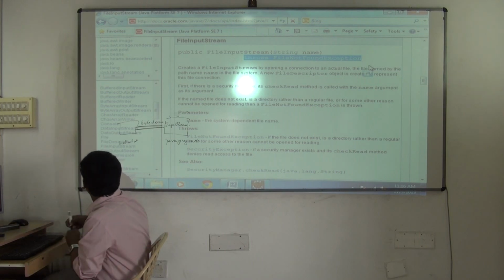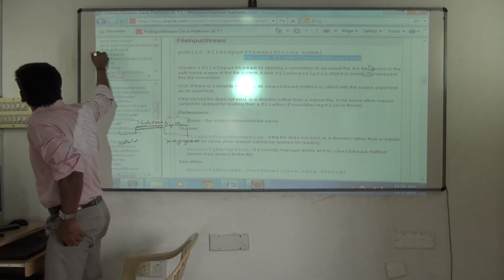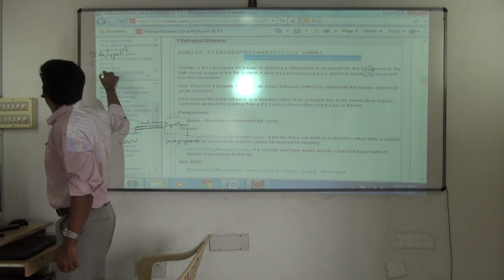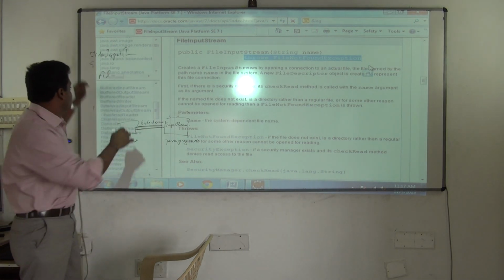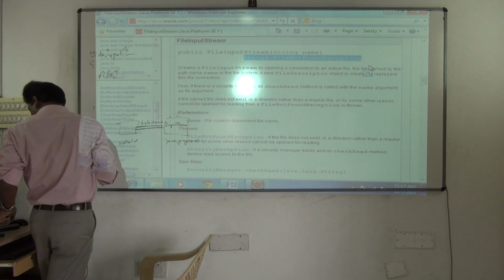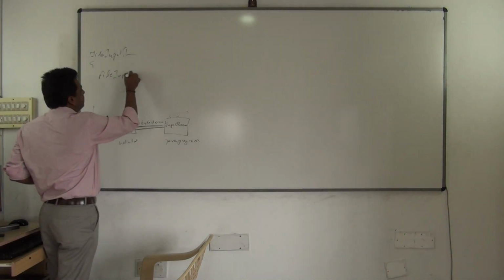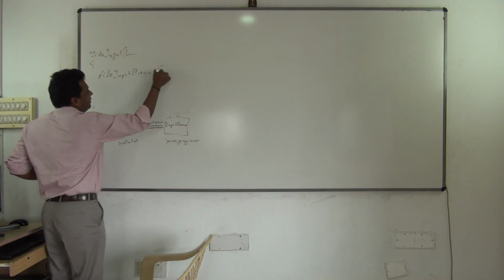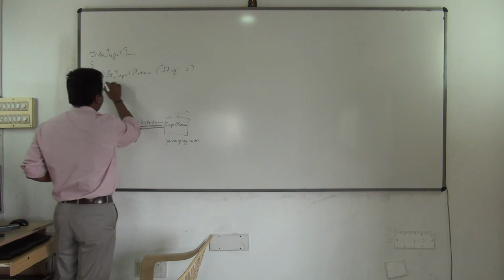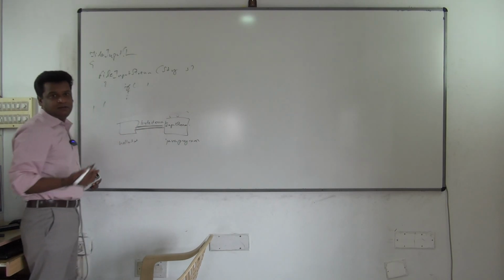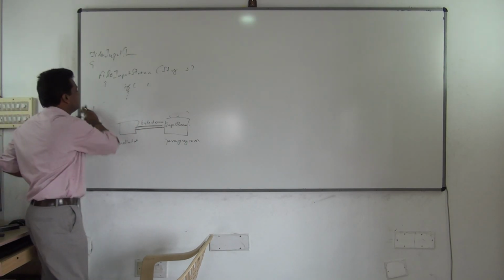So there they have written the code in the FileInputStream. See, this is class FileInputStream. In this, check this out now. They are telling pass an argument of type String. So if the string value is correct, they'll create the object. Else what they'll do?